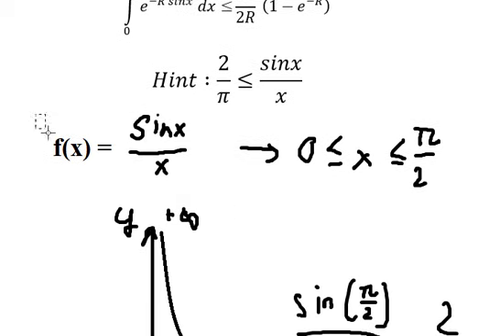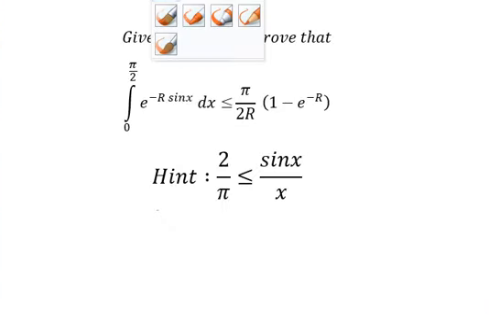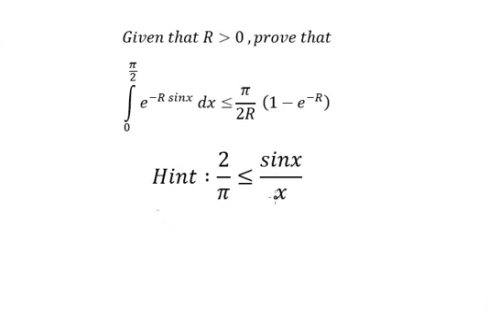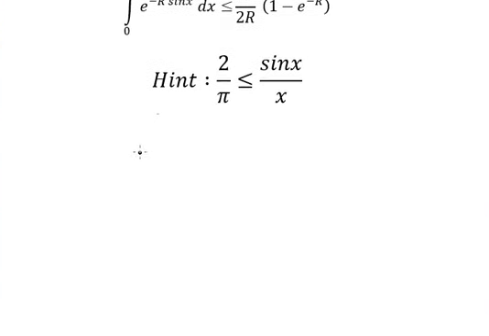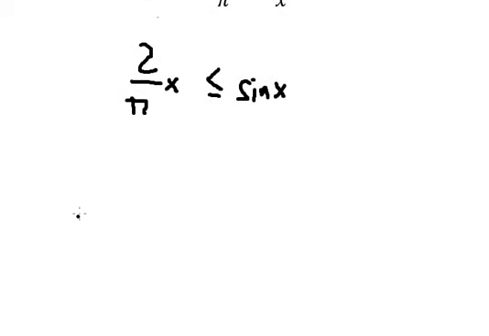Now, we need to consider the hint. The first thing I will do is put x to the left. Later we multiply by negative r for both sides, so we change the sign of this one.